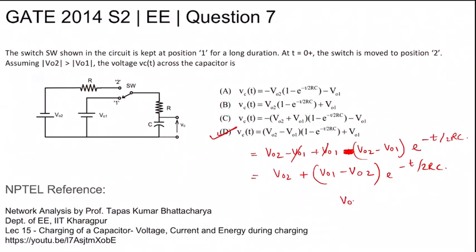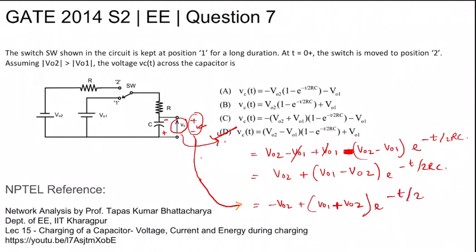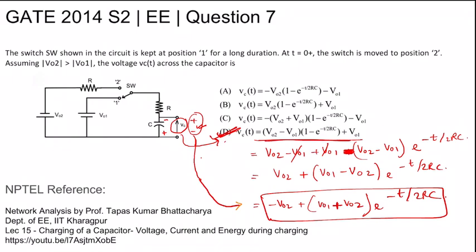V02 will become minus if the polarity is considered in the right way, then it should be minus V02 plus V01 plus V02 times e to the power minus t by 2RC. So this is actually the correct answer considering the correct polarity of V02, but in the GATE answer key they have considered the opposite polarity of V02, hence this form is coming.